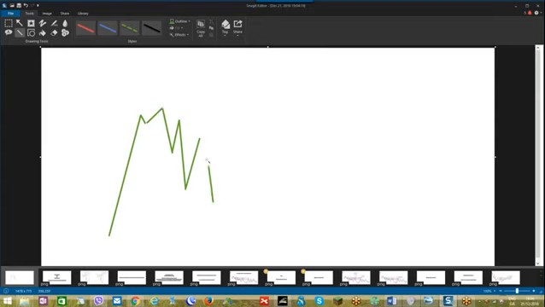I must remember to stop sometime, otherwise I'll just keep drawing for the rest of my life. All right, and then price shot away down, and then price is coming back up.